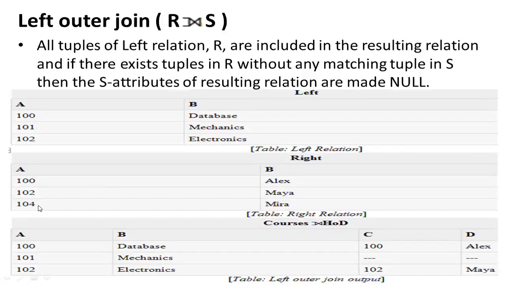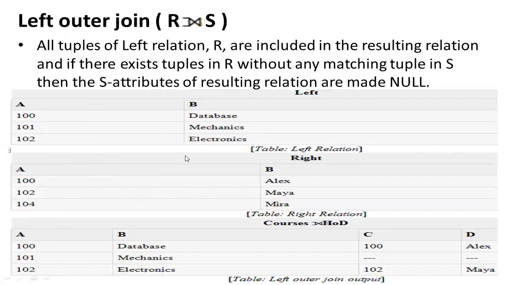When you perform the join operation, that is the left outer join, first you consider all the tuples available in the left table, and only the matching tuples in the right table. So you take the left table as it is: 100 database, 101 mechanics, and 102 electronics.